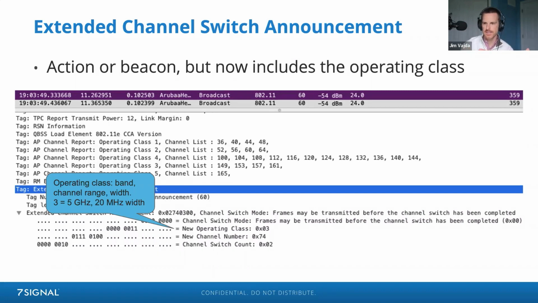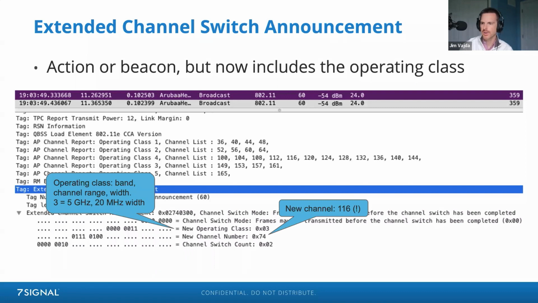So we know in this case, it's going to the 5 gigahertz band and it'll be operating in 20 megahertz channel width. So right away, the client knows what channel width to expect when it goes there. These are hex values. Wireshark doesn't natively decode these, but I went ahead and did the hex to decimal conversion here.